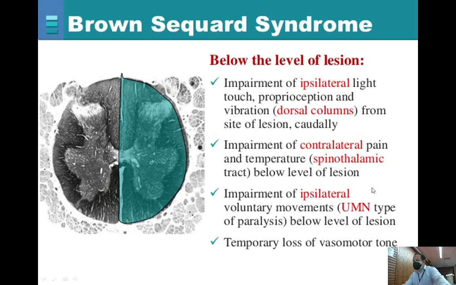Of course, it will be an upper motor neuron type of paralysis below the level of the lesion, probably involving both sides. The ipsilateral side would show strong features of upper motor neuron lesions, but the opposite side would show some mild form of paralysis.